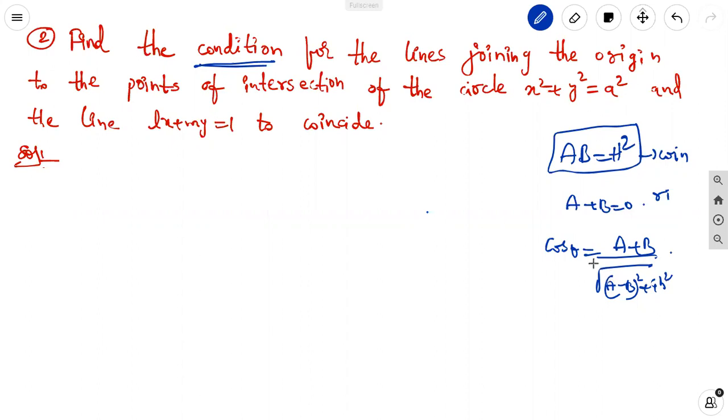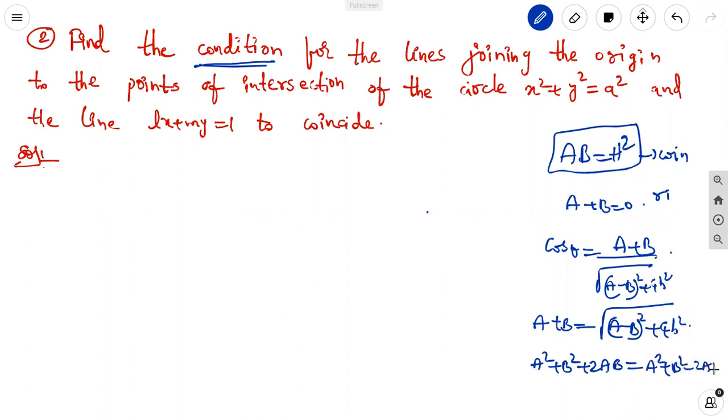Here, by simplification, coincident means theta equal to 0 degrees, then cos 0 is 1, so a plus b is equal to under root of (a minus b) whole square plus 4h square. Squaring on both sides, a square plus b square plus 2ab equal to a square plus b square minus 2ab plus 4h square. a square, b square get cancelled.